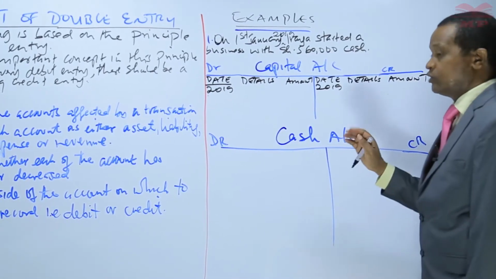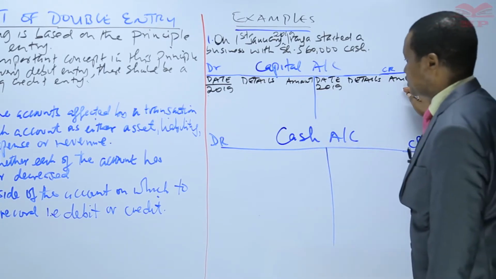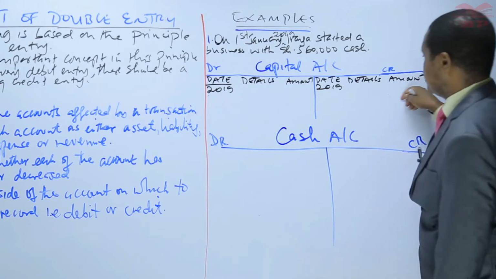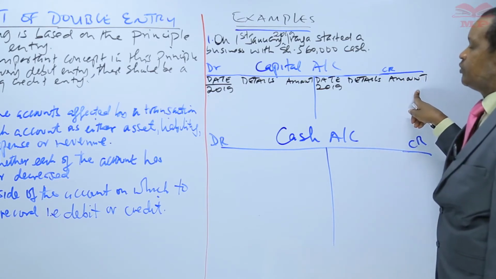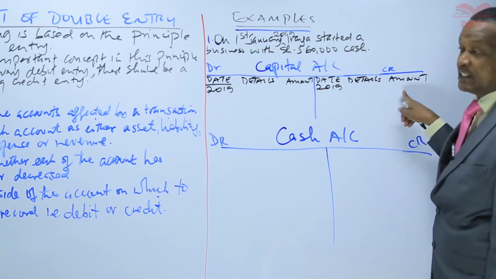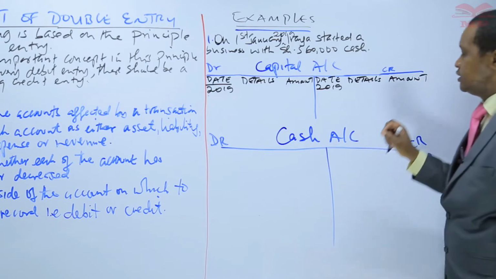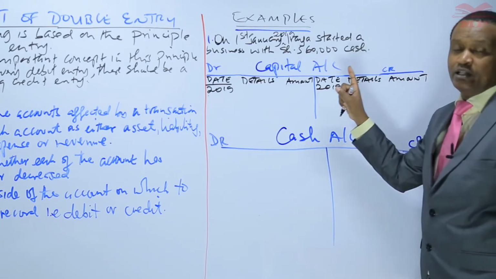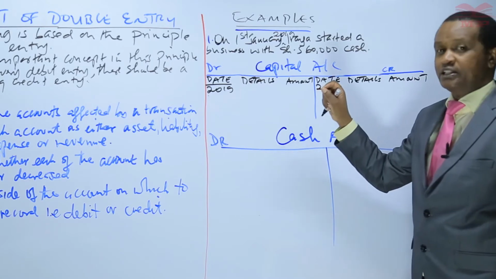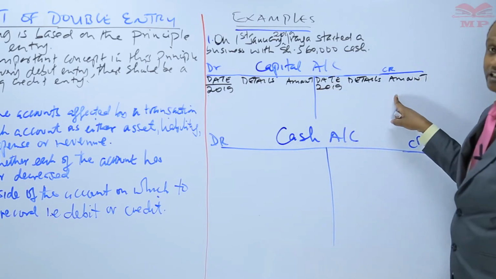Cash has gone up. He has introduced capital. Capital has increased. So when capital account is increased, do we debit or should we credit? We learned that when capital is increased, then the capital account is credited.